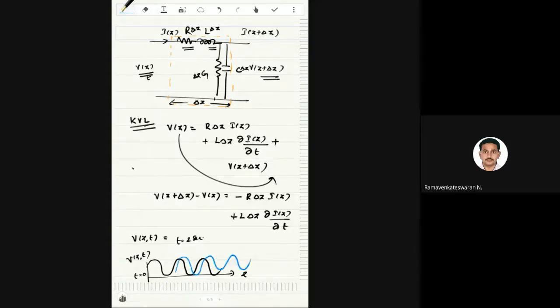Okay, so again it has two dependent variables, the distance and the time.